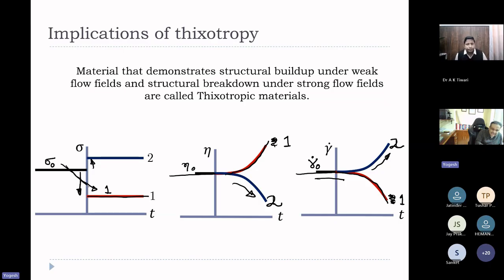When you decrease the stress, structure builds up. And because of buildup in structure, you essentially have a reduction in... Did I completely mess it up, by the way? Okay, let's repeat this again. When stress is reduced, structure builds up.